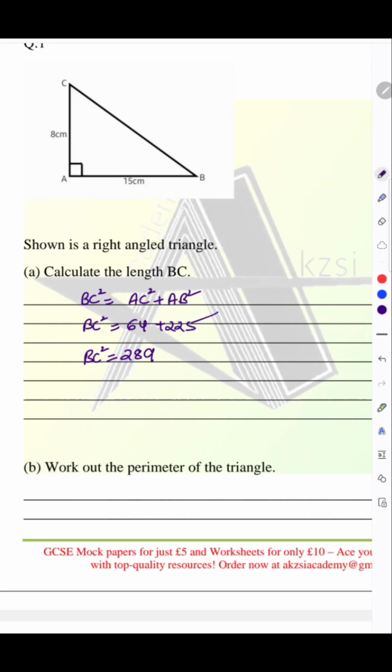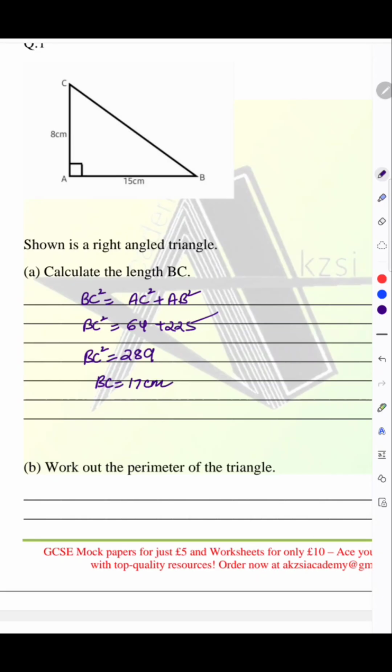So BC will be the root of 289, which will give you 17. Obviously when you root, you will get both the answers, plus and minus, but because this is a length of a triangle, it can never be negative, so we are not taking the negative value at all, and it will give you 17 centimeters.